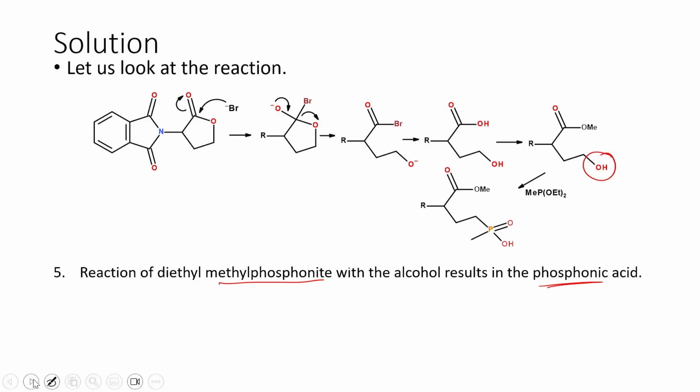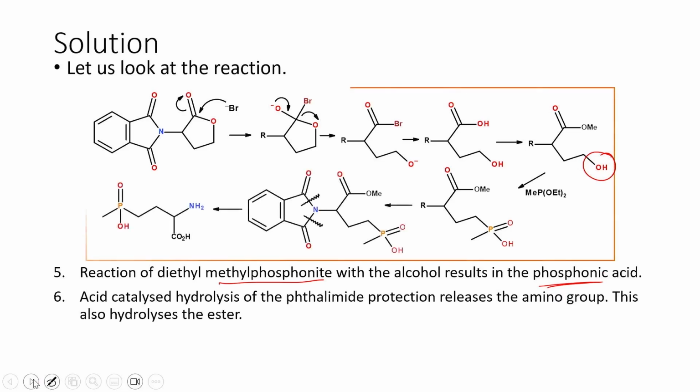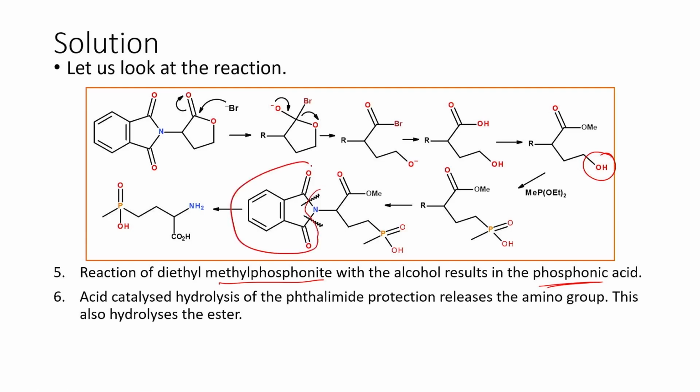Once the phosphonic acid is formed, the next and last step is hydrolysis under acidic conditions. In this case, the phthalimide unit, which is the protection used for the amino group, is hydrolyzed under acidic conditions.